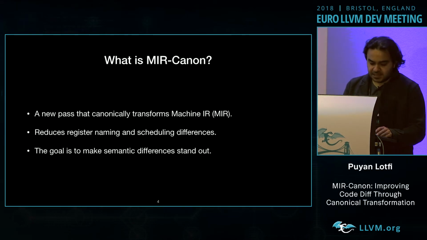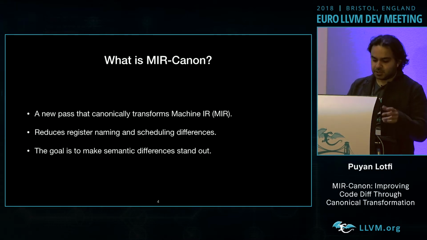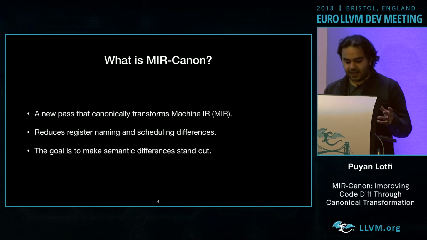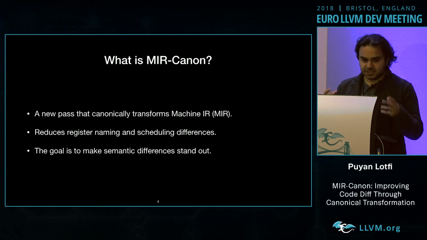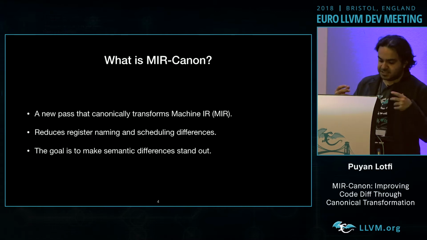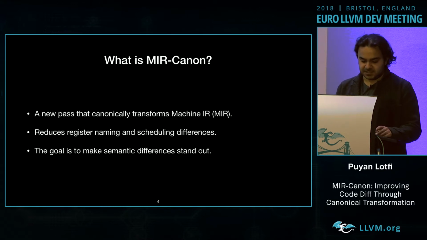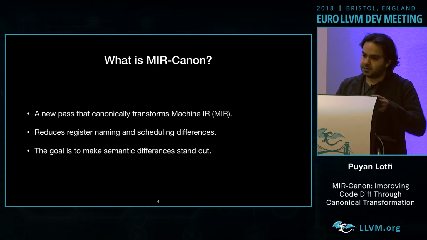And the goal is that for two similar programs, two similar MIR files, after processing each of them with MIR-Canon, the semantic differences would stand out over the non-semantic differences when loading them in a diff tool. So you load up your diff tool and the real meaningful differences pop out at you, and the other stuff sort of fades to the background.